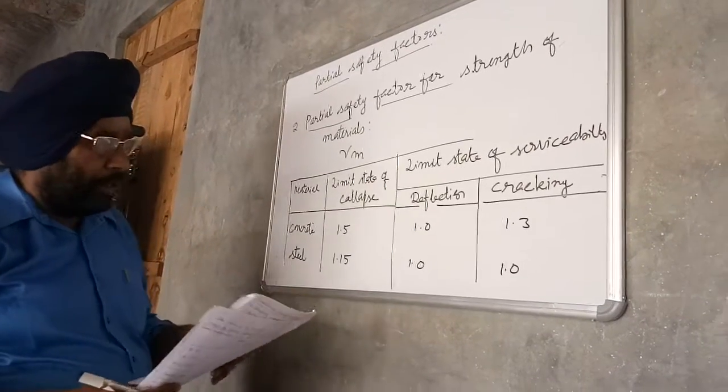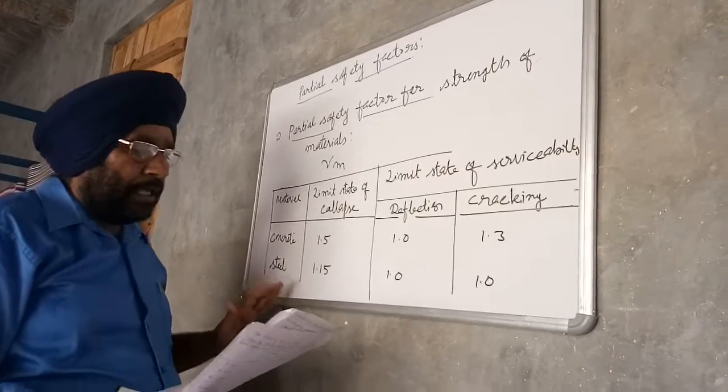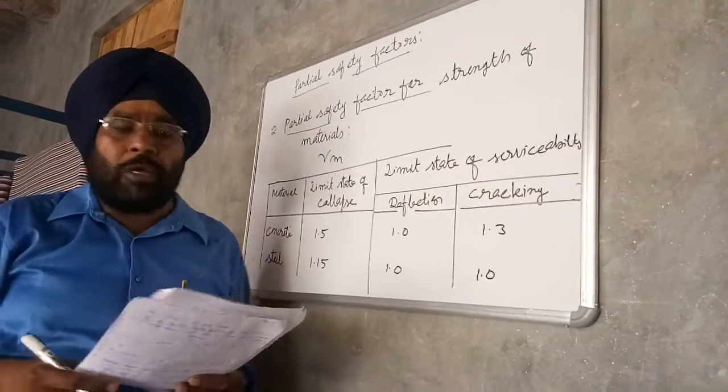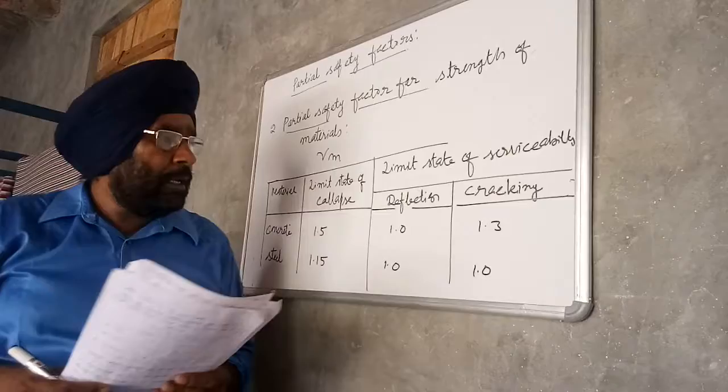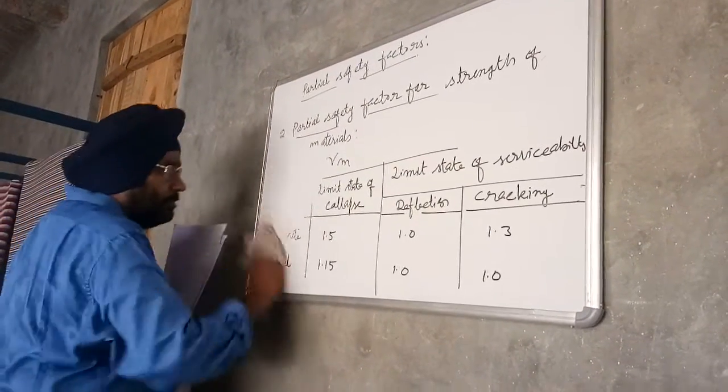So the value of gamma m is 1 for concrete and steel in the limit state of serviceability because the values of design strength are the same as that of characteristic strength. So next is design values.